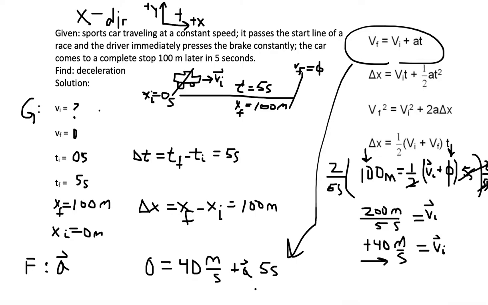So we need to subtract A times 5 seconds from both sides of the equation, and we're left with minus 5A, 5 seconds times A, on the left-hand side, equal to 40 meters per second on the right-hand side.